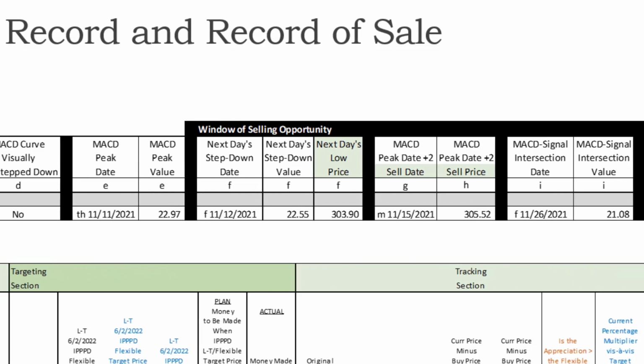I. There are two more columns for data. The date when the MACD line and its signal line intersect, November 26, 2021, and the value at that crossing, 21.08. There, the green histogram bars are flat, showing there is no more 12 EMA, 26 EMA divergence, strengthening the upward price trend.